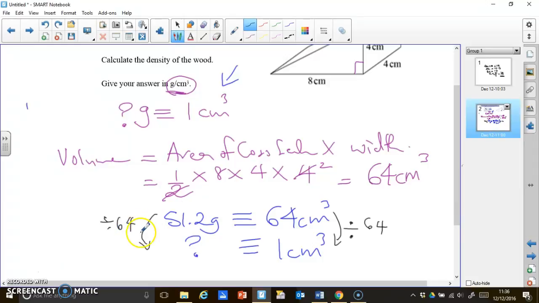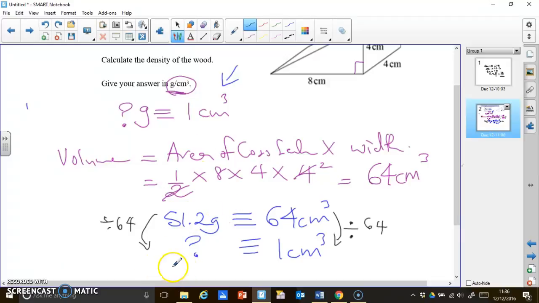Why do we do that to both sides? Because of this proportional relationship that we've got. So any changes made to your right hand side, you're sure to make the same change to the left hand side in order to keep that proportional relationship valid.